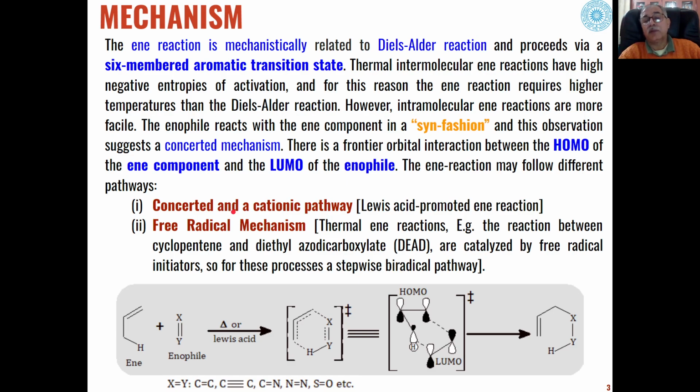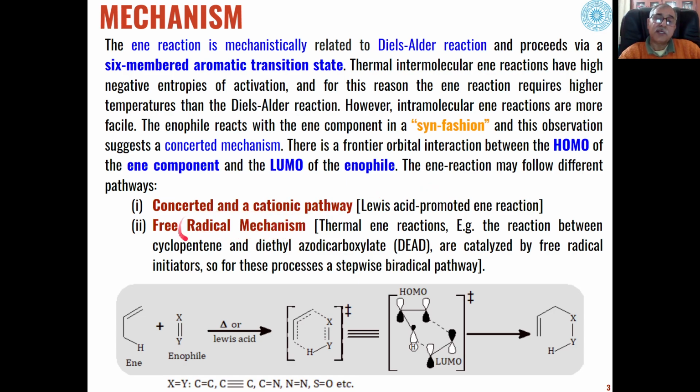Basically the mechanism can take place in two ways, as we have seen. The first is concerted, and the second a cationic pathway. So either through a six-membered transition state, or a cationic pathway when these ene reactions are promoted by Lewis acids as the catalyst.